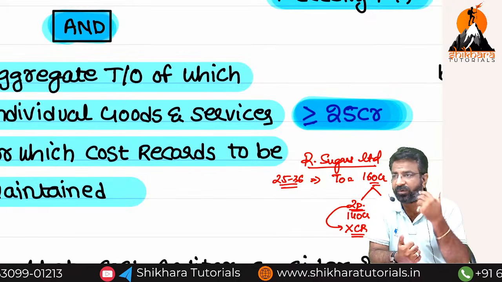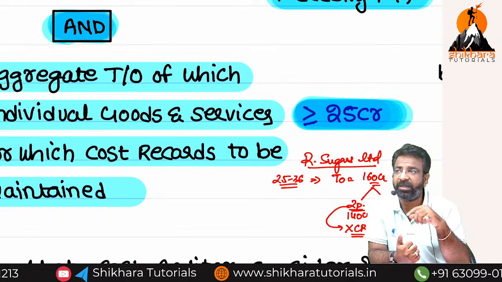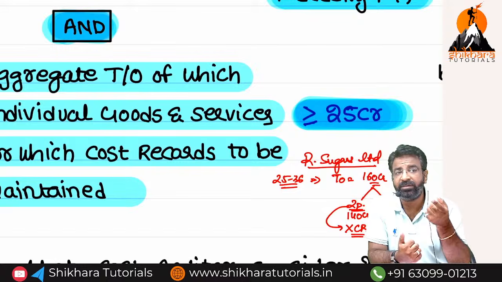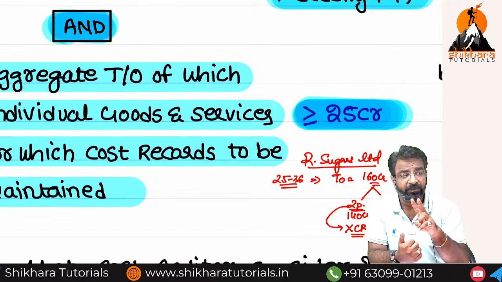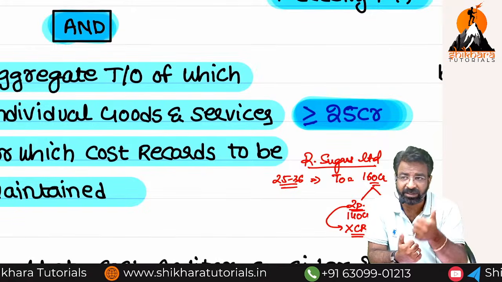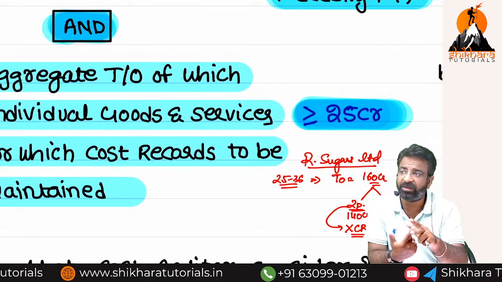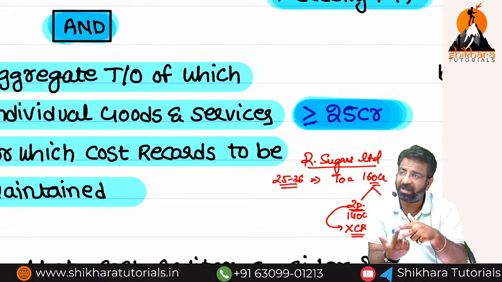Whenever you see a question, first of all, read the name of the company. If it is Renuka Telecommunications, regulated. Renuka Electricity Generation, Electricity Supply, Electricity Transmission. What are the three words? Generation, Supply, Transmission.